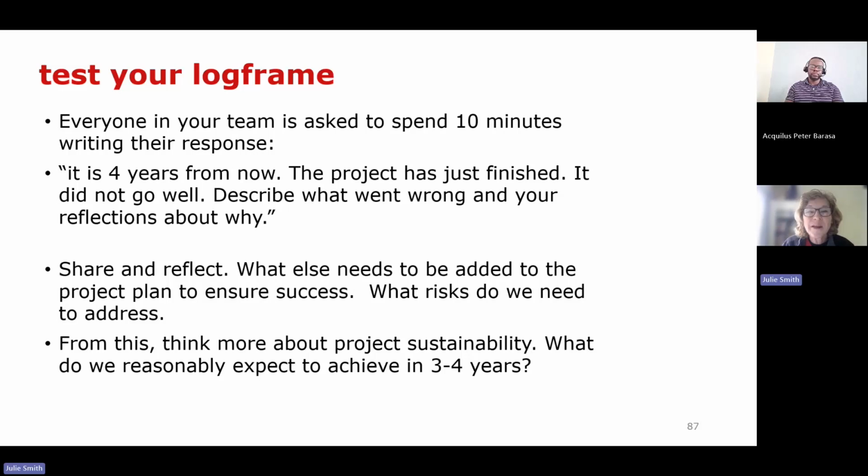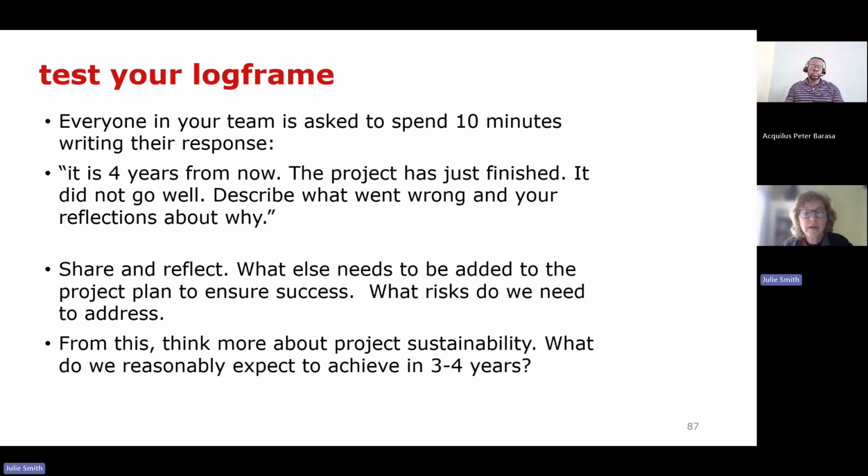Okay, now I want everybody to write down what's gone wrong and why. So it's kind of a fun exercise, but it helps to get people thinking about some of the things that might have gone wrong in this project that maybe they don't want to say in a big group. And what we found is that this is quite useful because it helps to surface some of the concerns that people might have that they don't want to raise openly.